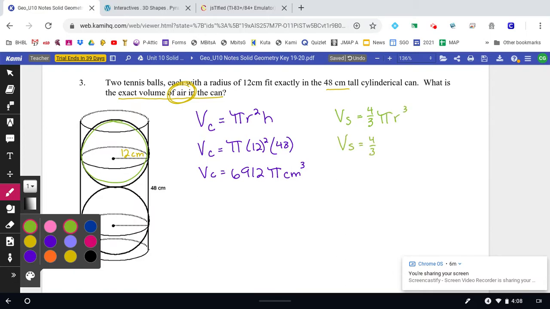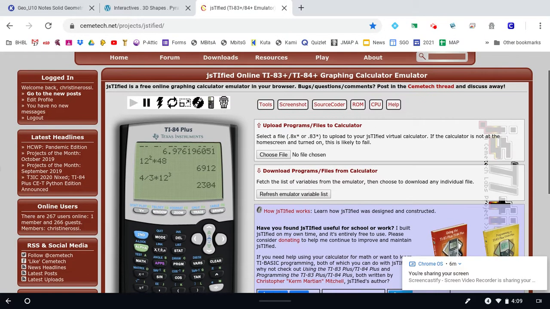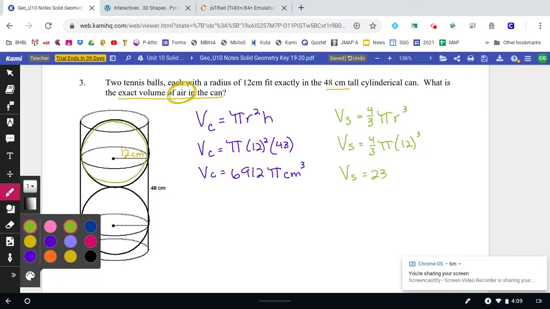So 4/3 pi, and the radius there was 12 cubed. So 4/3 times 12 cubed is 2,304 pi, and again, centimeters cubed.